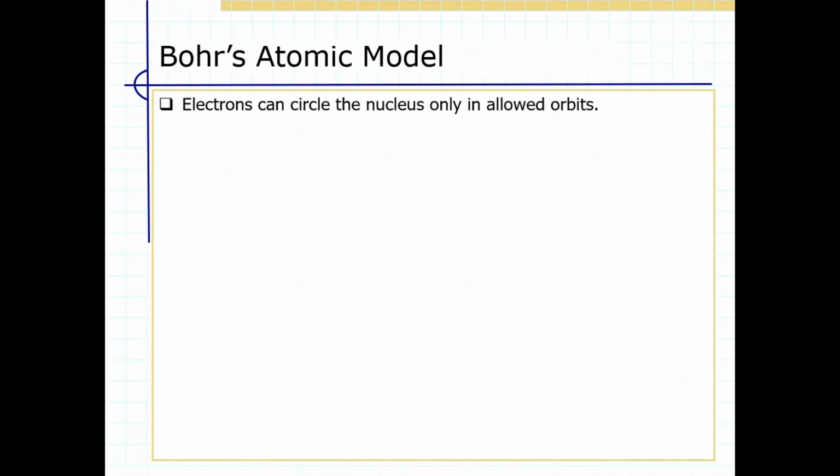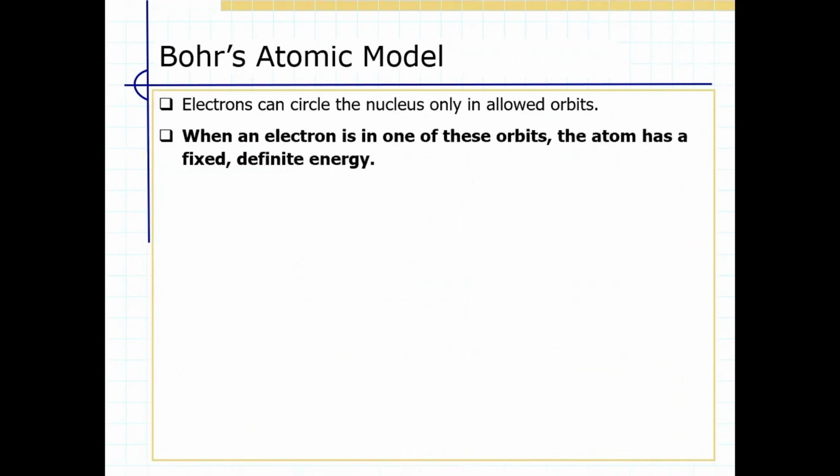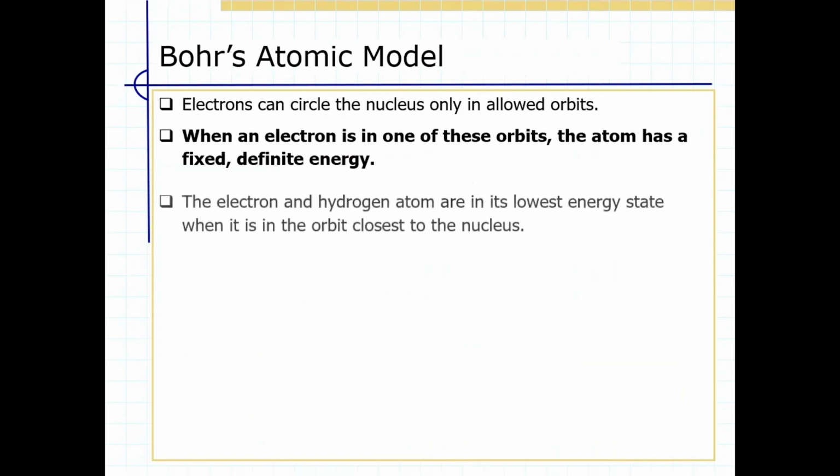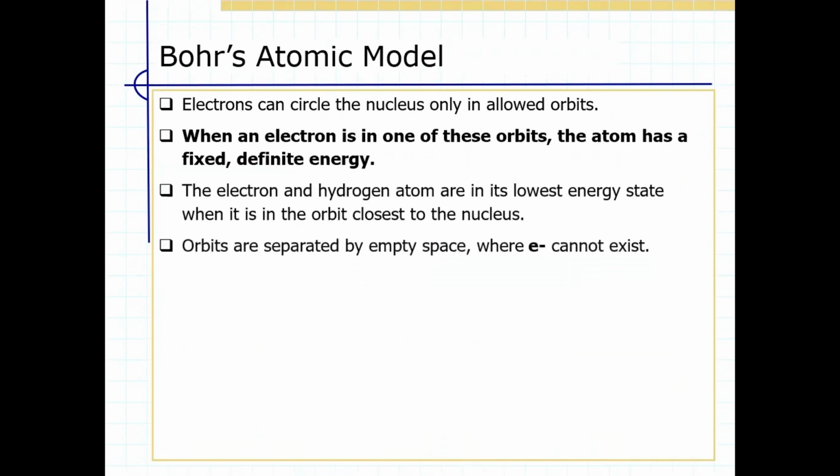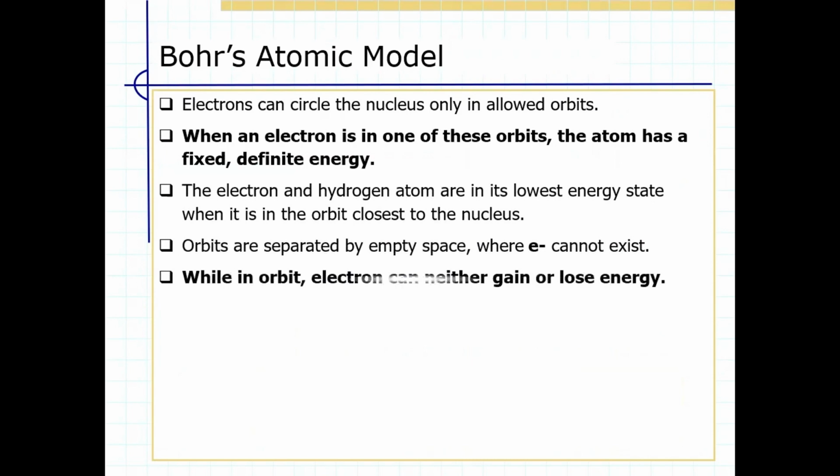So we come back to Bohr's model and the ideas behind it. The electrons can circle the nucleus only in the allowed states. When an electron is in one of these orbits, the atom has a fixed, definite energy.